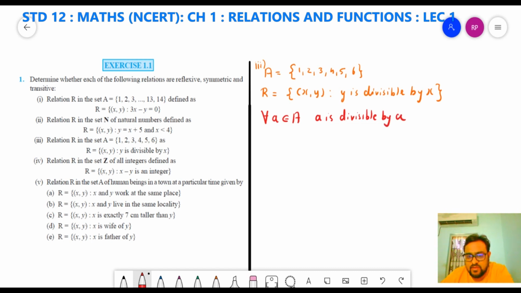So what does that mean? (a, a) belongs to R. Here (1, 1), (2, 2), (3, 3), (4, 4), (5, 5), (6, 6) will belong to R because the number will be divisible by itself. Therefore, it is reflexive.